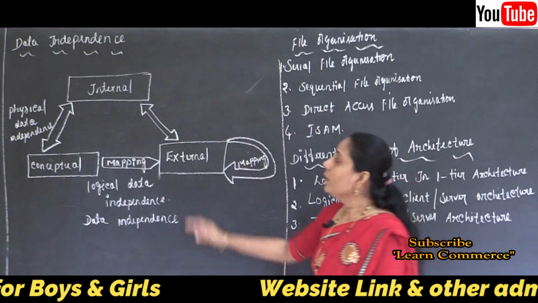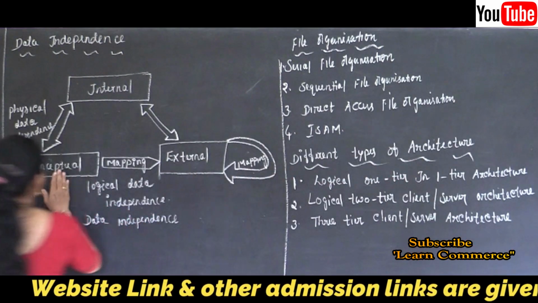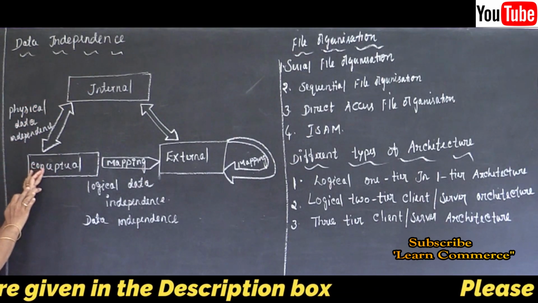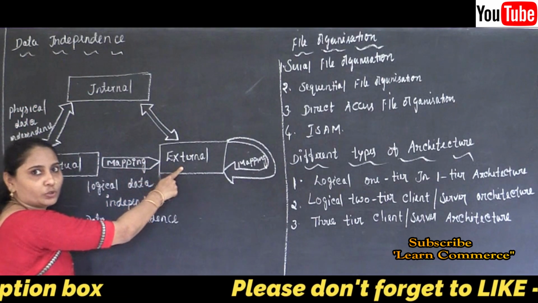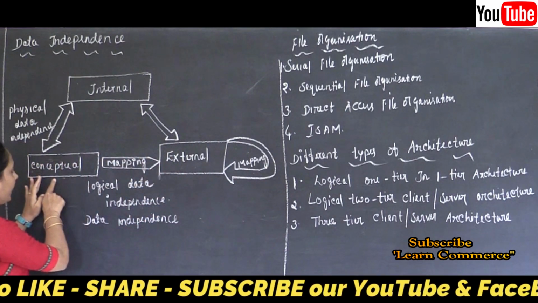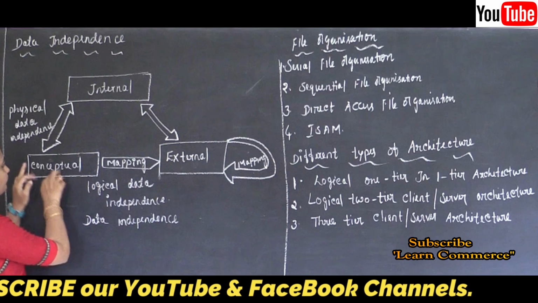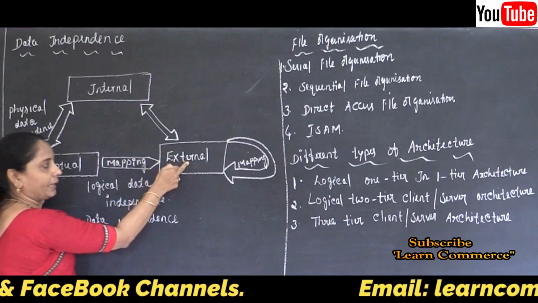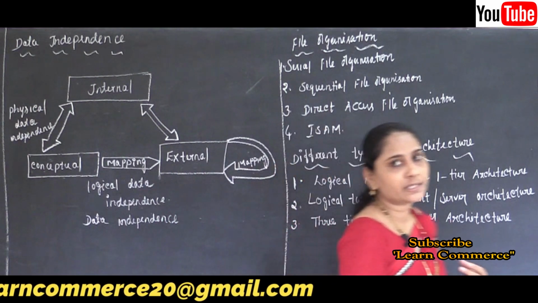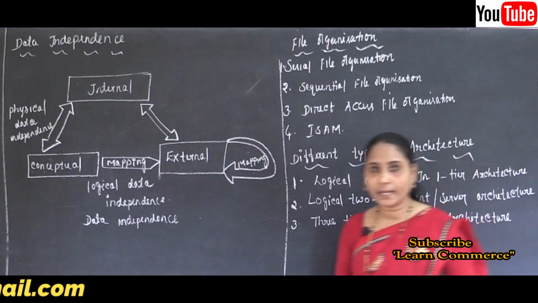Meaning, maybe you make some changes between internal and conceptual, no effect to the external, or maybe any changes between conceptual and external, no effect to the internal. So this is the meaning of whatever I said here.